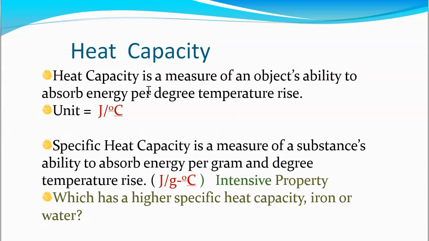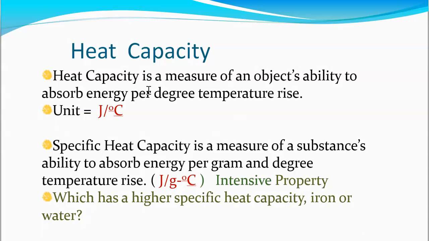So if you look, the units are different. Specific heat capacity is in joules per gram per degree. That's because that's any object made out of that material, so I need to find out what the mass of the object is. The heat capacity for an object is just in joules per degree.